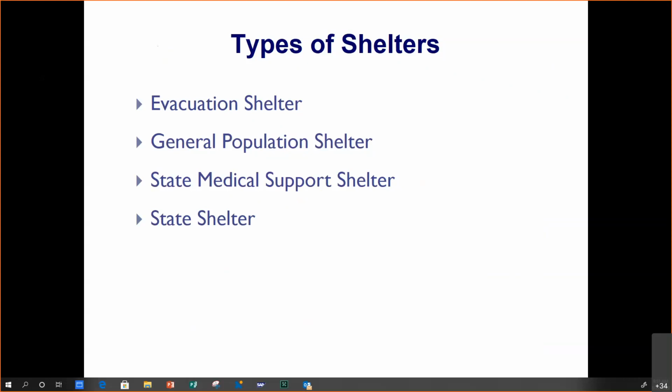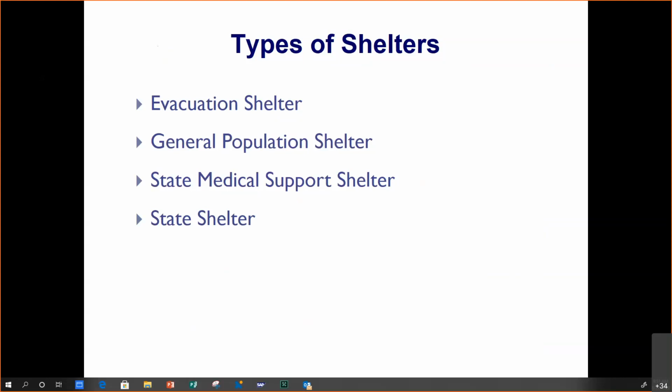Yeah, that's what I thought, we had them for Florence. They're starting to run together for me, unfortunately. They're basically supplied and staffed similar to the general population shelters. They're just usually larger than the smaller general population shelters the local county emergency management sets up.